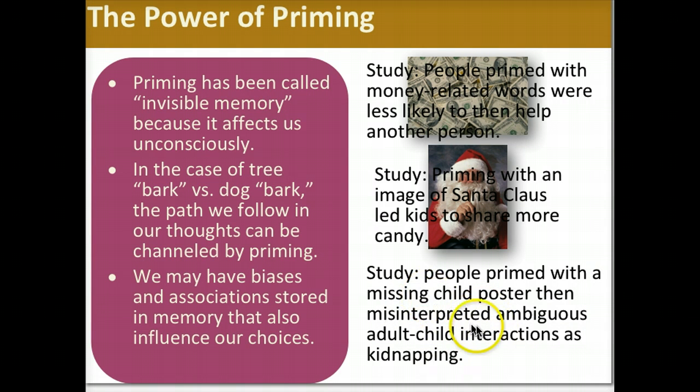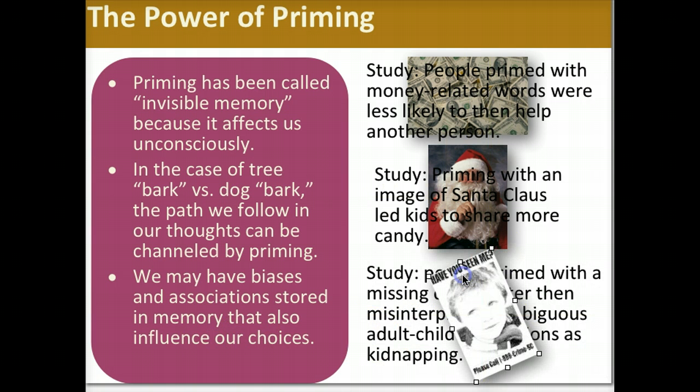When we start to look everywhere, we get a self-fulfilling prophecy. We start to assume that all adult-child interactions that are a little ambiguous are suspect. Is that person hugging that child? Is that their parent? Oh, I don't know about that. Maybe they're going to try to kidnap them. So that's what this is getting at: the power for us to interpret a situation based on just seeing a simple poster.